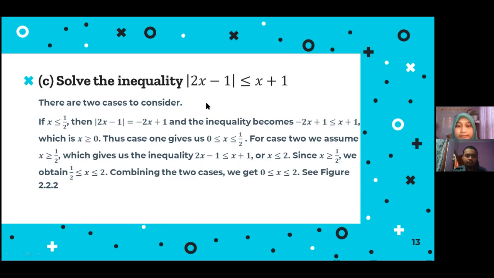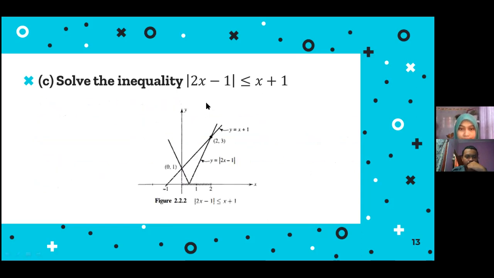Combining the two cases, we get 0 less than or equal to x less than or equal to 2. We can see this in figure 2.2.2, the example for the absolute value of 2x minus 1 less than or equal to x plus 1.